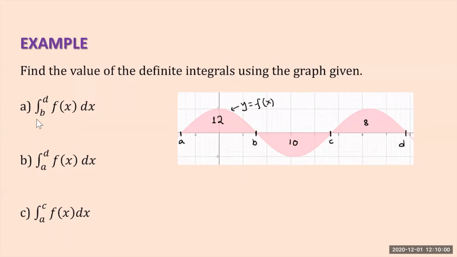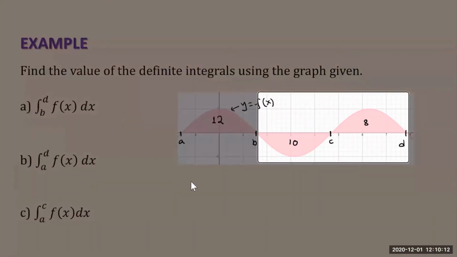First, we have to find the integration from b through d of the function. So b through d, you can look at the graph and indicate that part, from b up to d. And you can see that for this region, you have 10 below the x-axis and 8 above the x-axis.